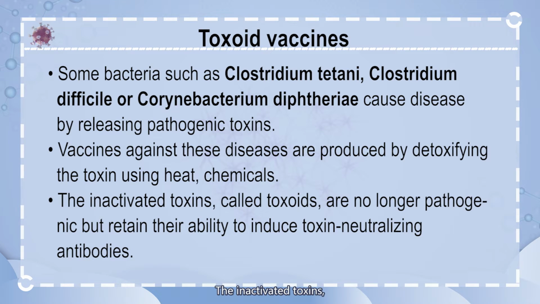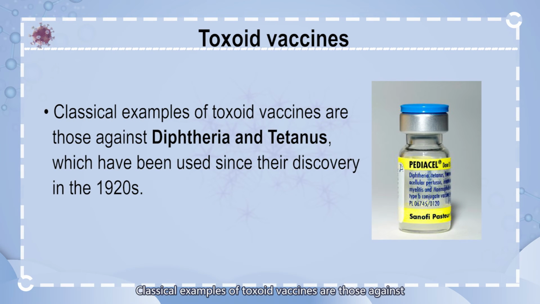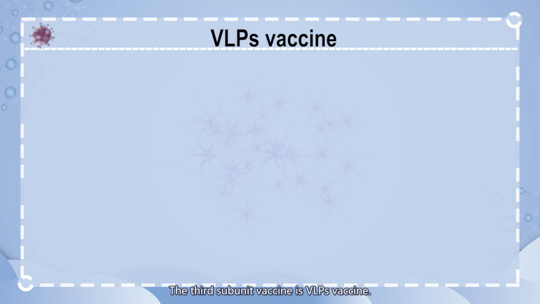The inactivated toxins, called toxoids, are no longer pathogenic but retain their ability to induce toxin-neutralizing antibodies. Classical examples of toxoid vaccines are those against diphtheria and tetanus, which have been used since their discovery in the 1920s.